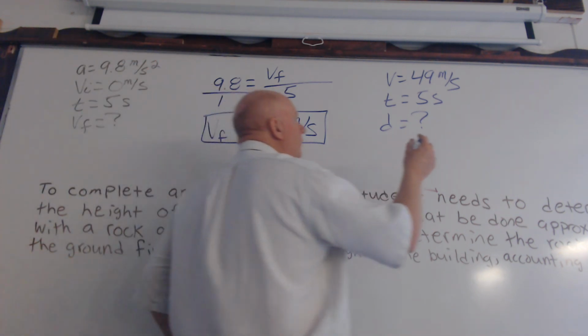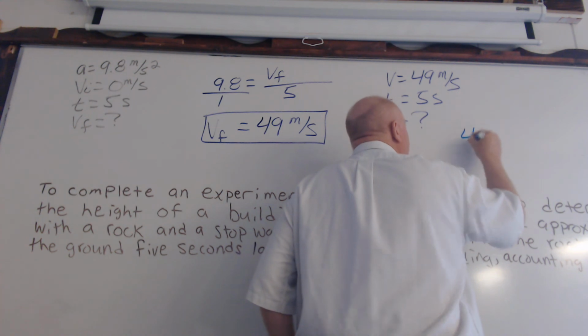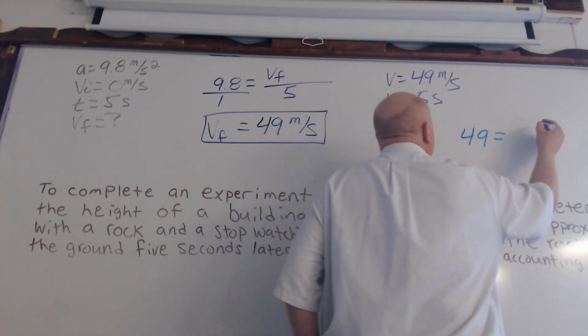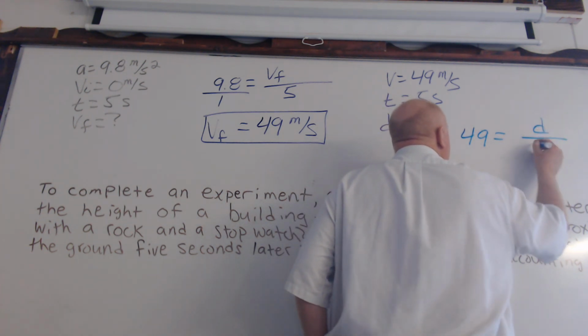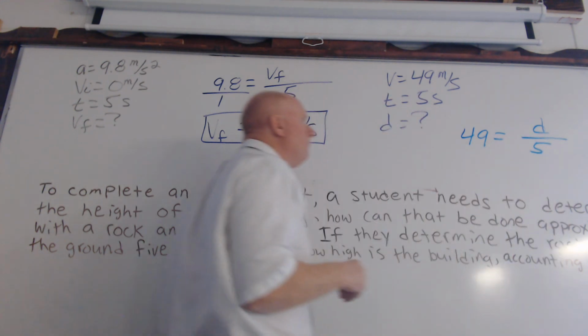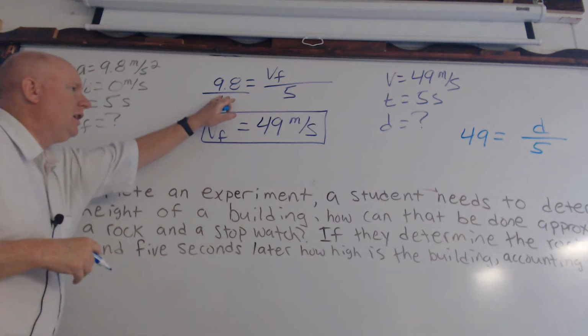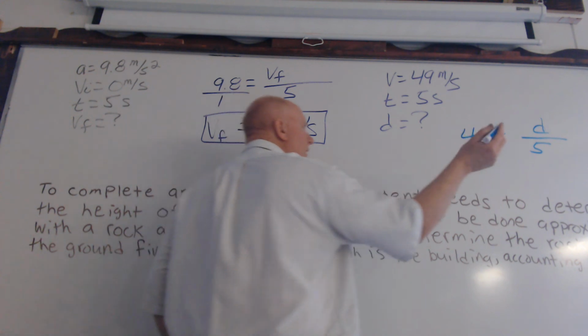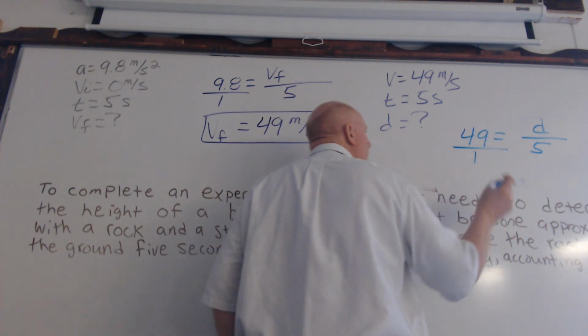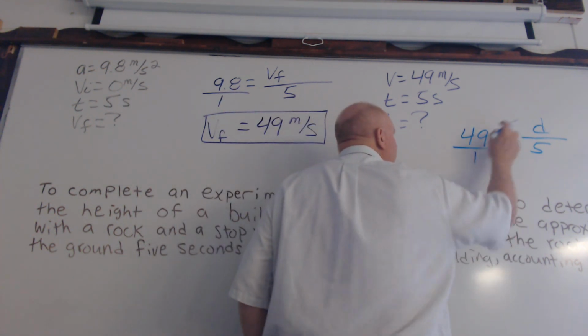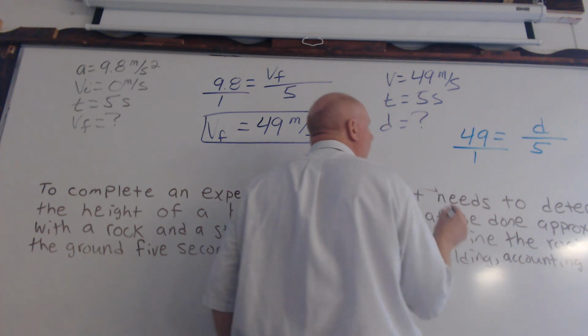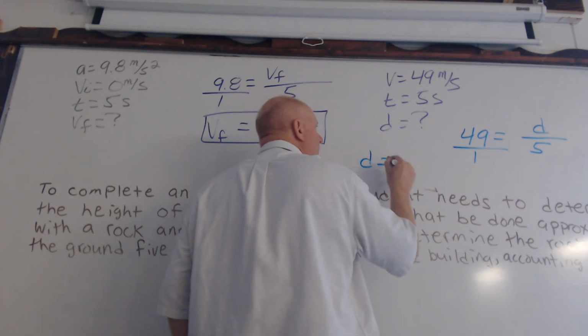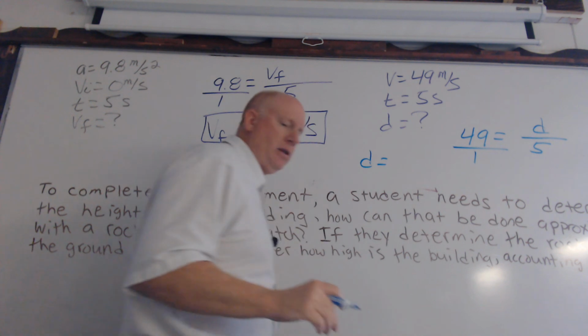So in this case, we can do this. 49 equals our distance all over 5. Again, just like what we did here, some of you can skip this step if you want. We can put that over 1. 1 times d just gives you d. So d equals whatever those two are times each other.